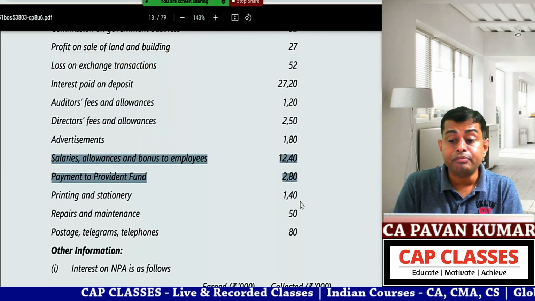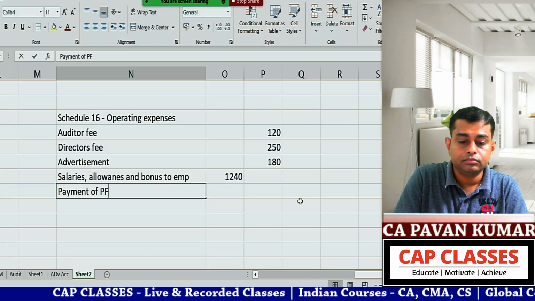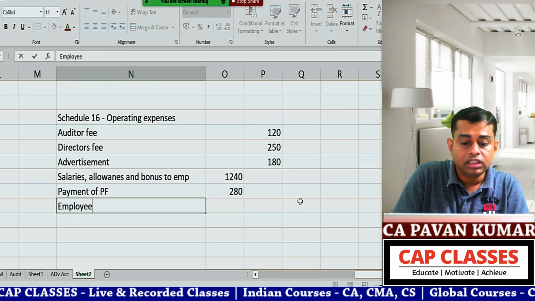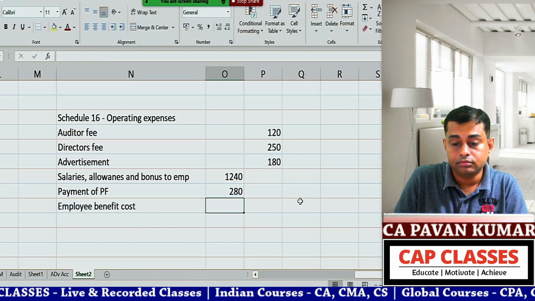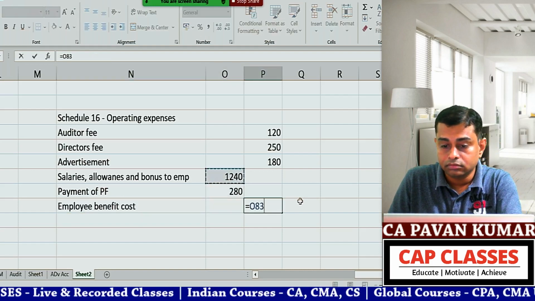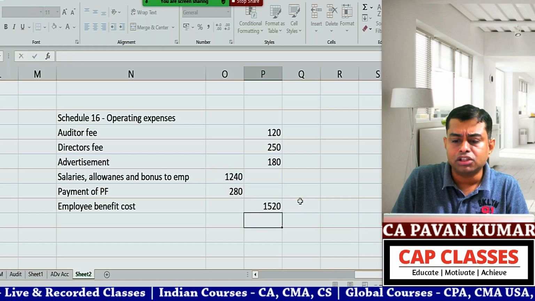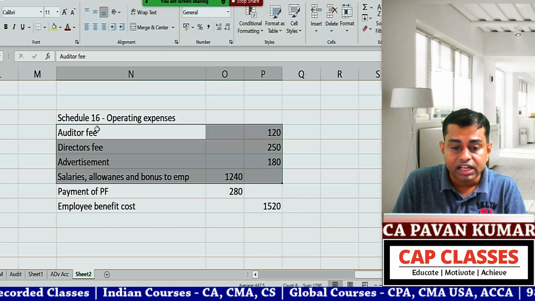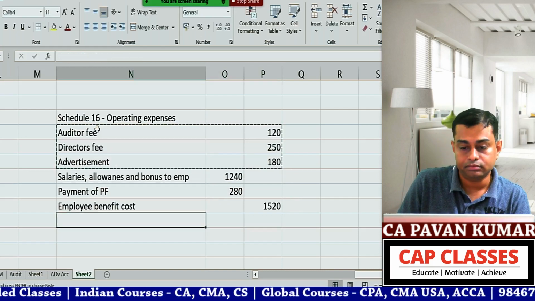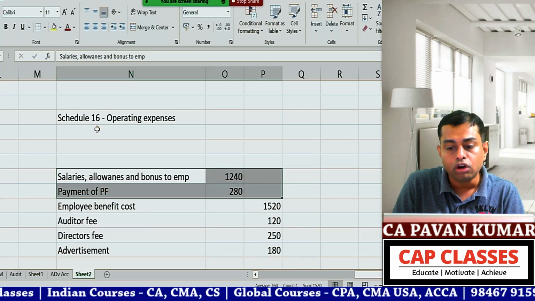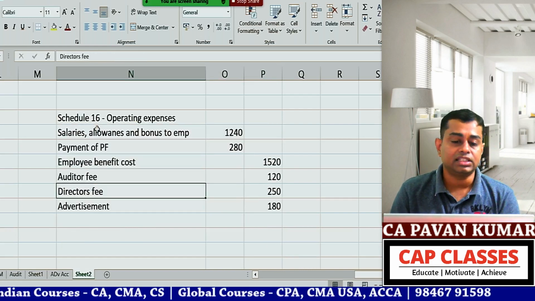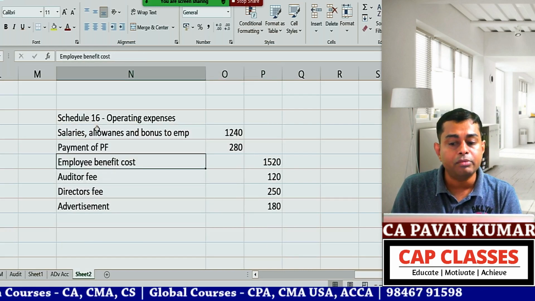Then payment of PF 280. You need to add this; this is called employee benefit cost. Based on the pro forma, 1520. Normally all the other expenses will be written next to this. So first we'll show salaries. This is called employee benefit cost.